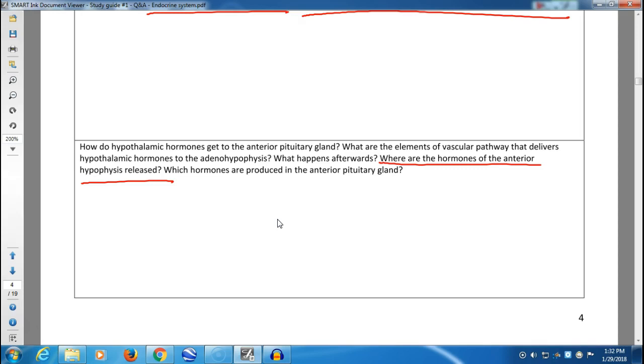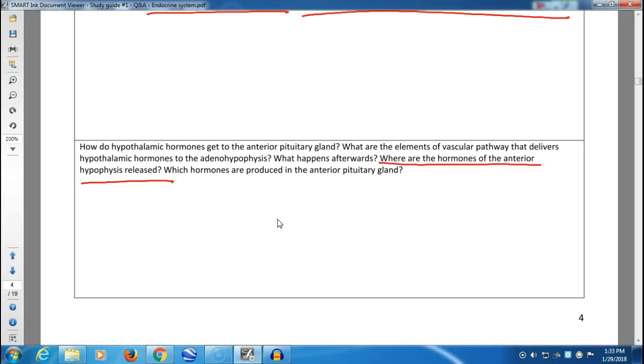Growth hormone. Thyroid stimulating hormone, or thyrotropin. ACTH or corticotropin. Follicle stimulating and luteinizing hormones, which are gonadotropins.